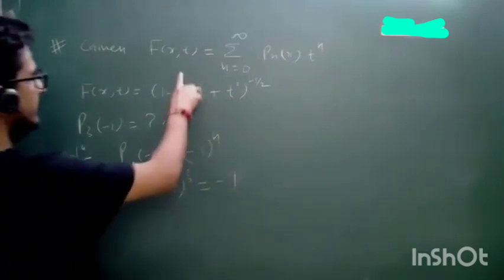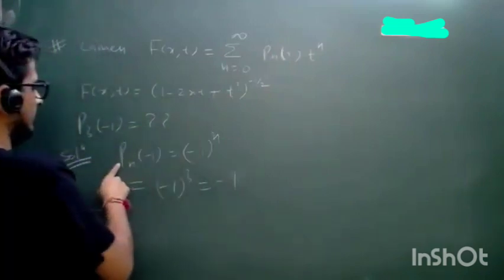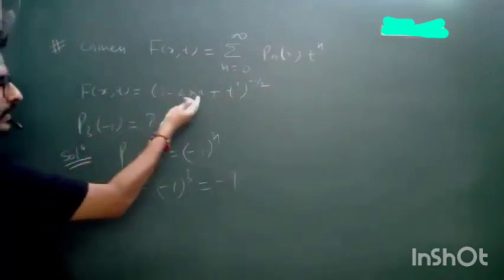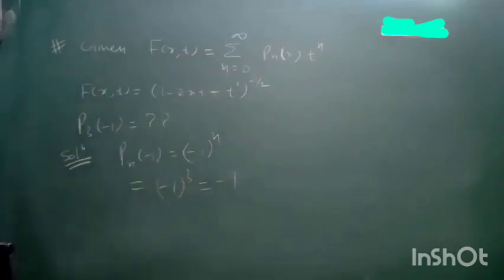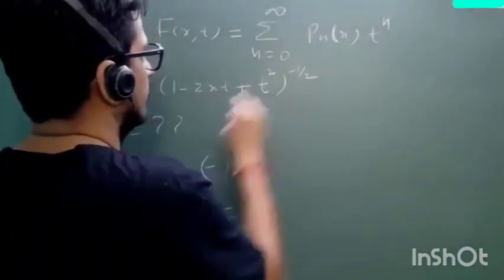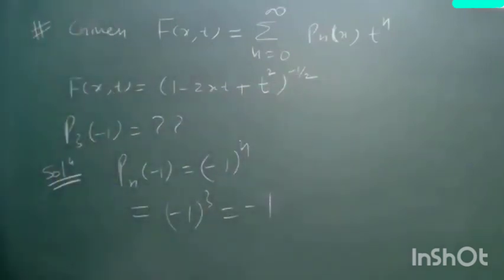So as soon as you saw that this is Legendre polynomial, they are asking about the Legendre polynomial, so you don't need to calculate the value of P3 from the generating function. You already know this property. Correct? So what was 1 minus 2xt plus t square? Yes, sir, the generating function of Legendre polynomial. Okay.